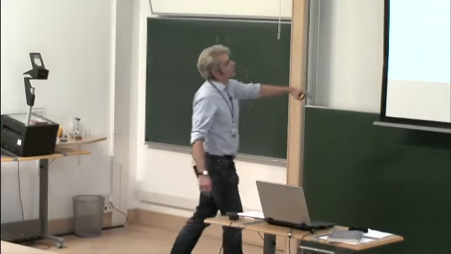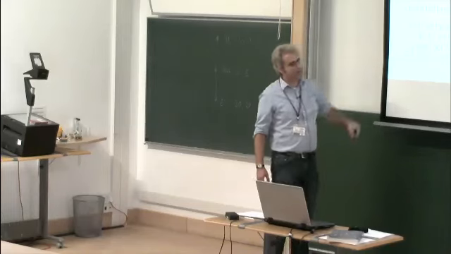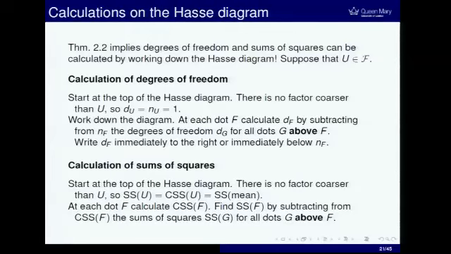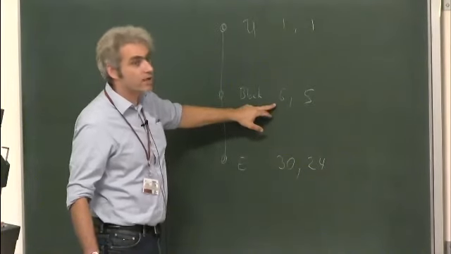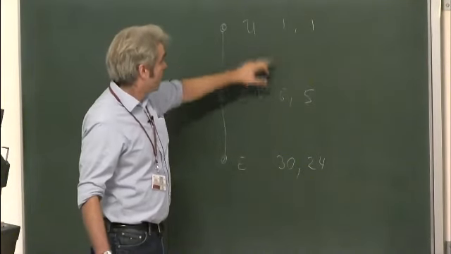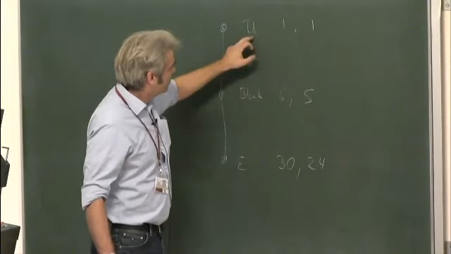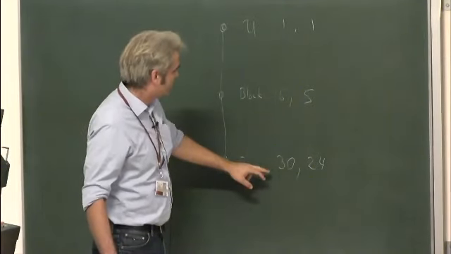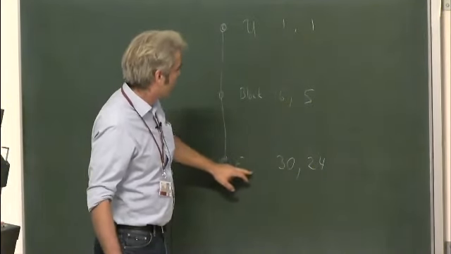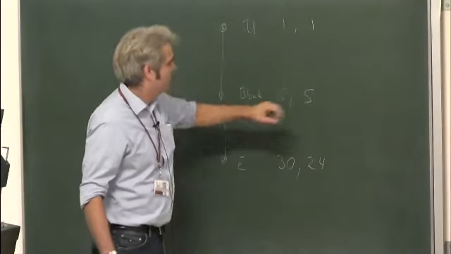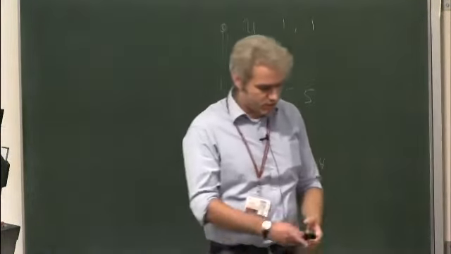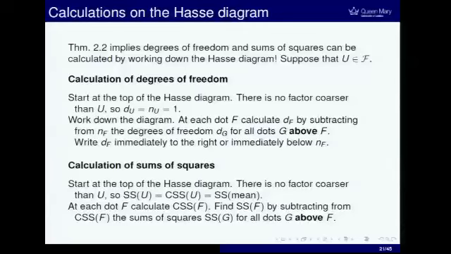Likewise, we could calculate the sums of squares using the same procedure, but starting here with the crude sum of squares for the universal factor in this example, then subtract from the crude sum of squares for blocks the crude sum of squares for u, which is equal to the sum of squares for u, and then we subtract from the crude sum of squares for the equality factor the sums of squares for u and for blocks to get the sum of squares for the equality factor.